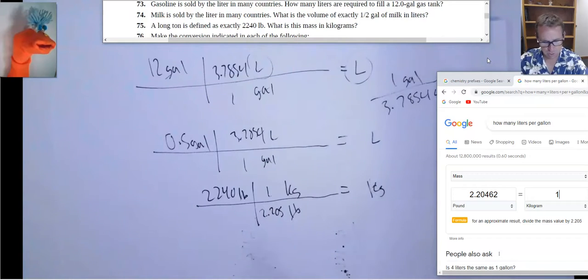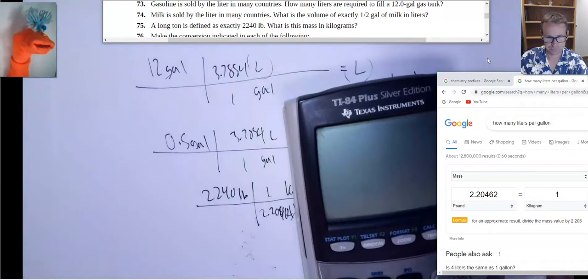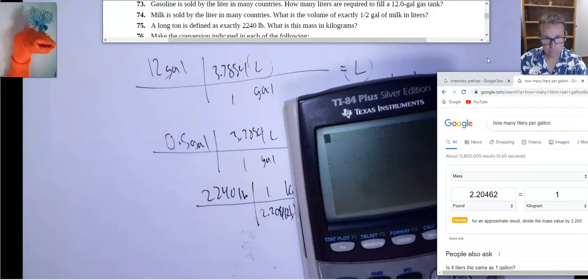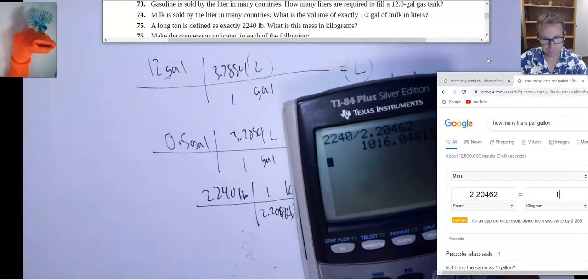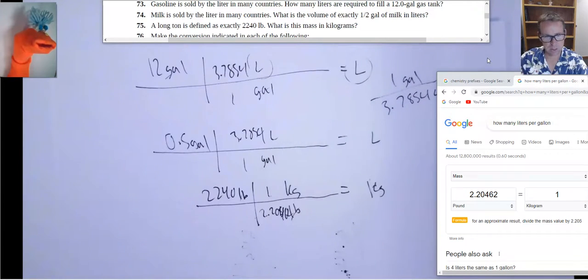2.205 pounds for every kilogram. I got 3 significant digits here, so I'm going to use a little bit more, 2.20462. So my answer is 1016.